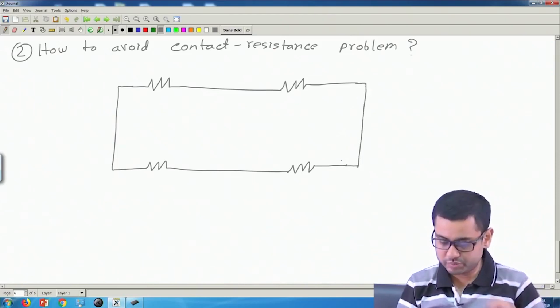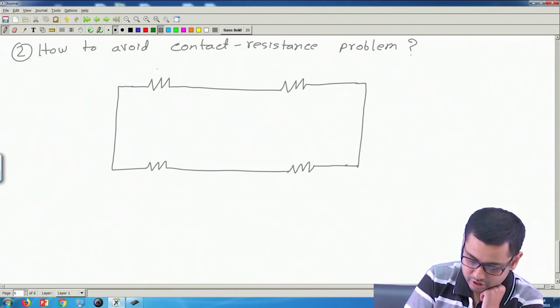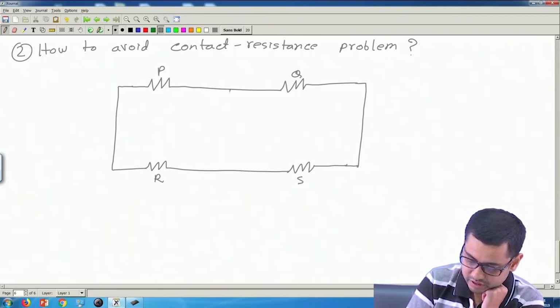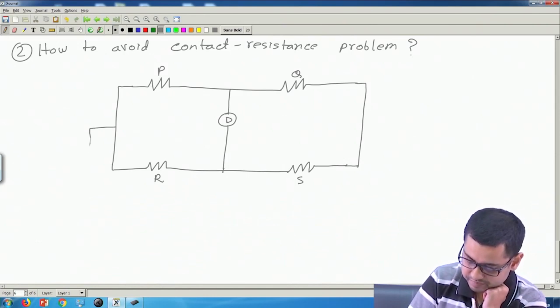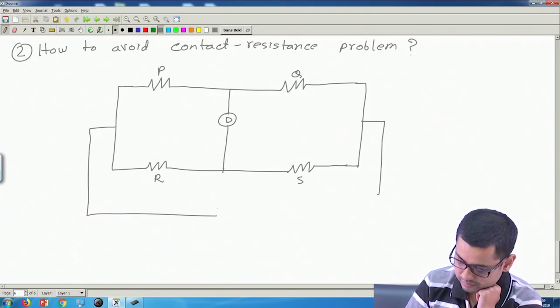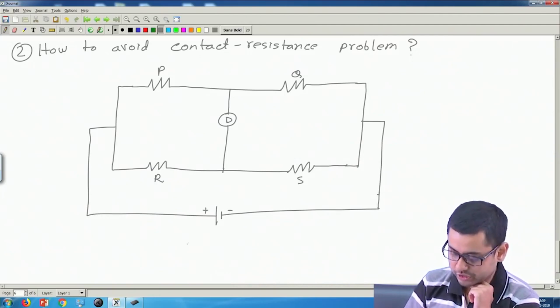So, this is a Wheatstone bridge with, call this resistances P, Q, R, S. This is a 4-arm bridge. Okay. We can have the detector here and the power supply here. So, this is a Wheatstone bridge.